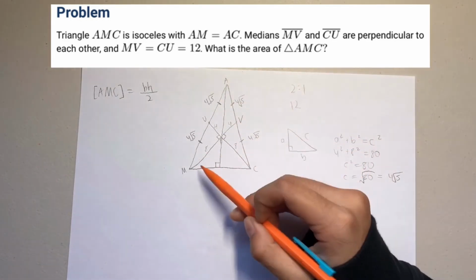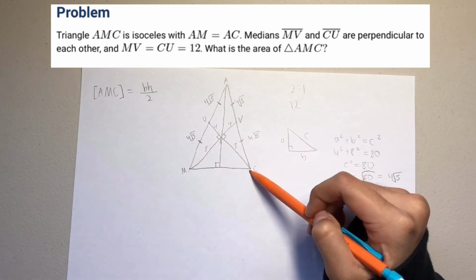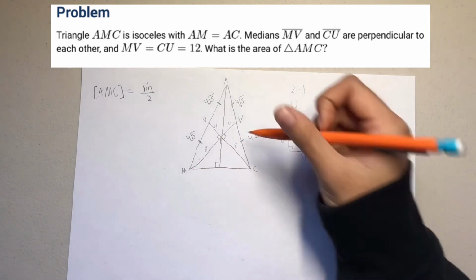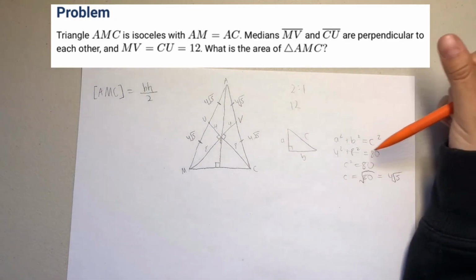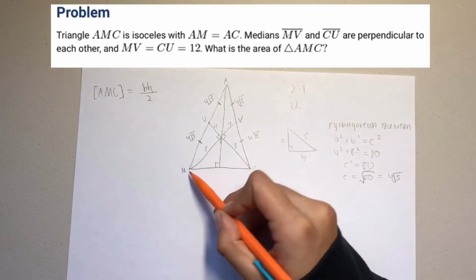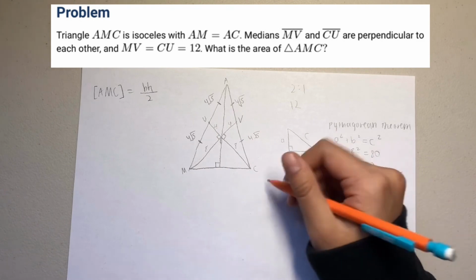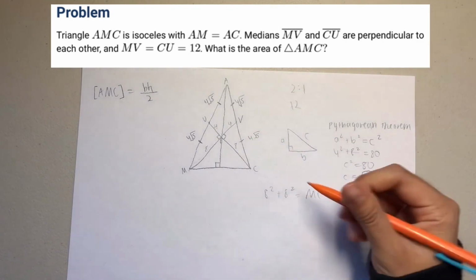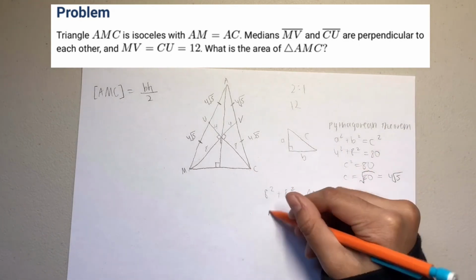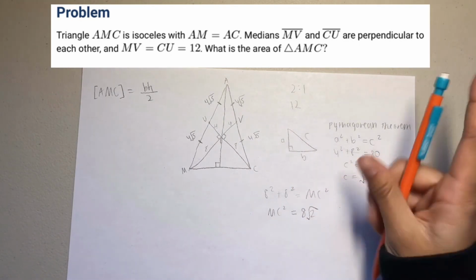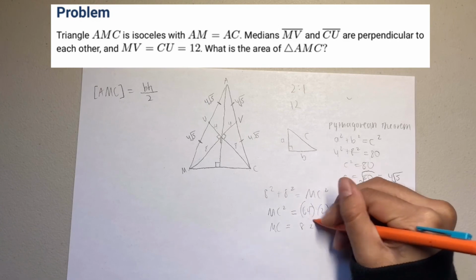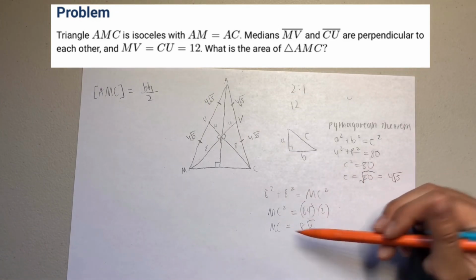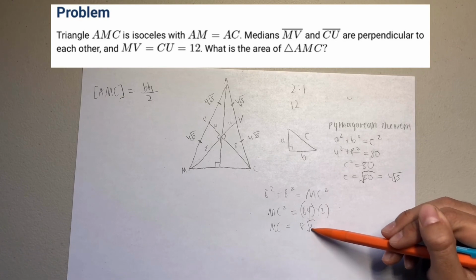Since I know that triangle MPC, this triangle right here, is also a right triangle, then I can use the Pythagorean theorem again to find the length of the base. So 8 squared plus 8 squared equals MC squared, which is the base. So solving the equation right here, I got MC is equal to 8 square root 2.